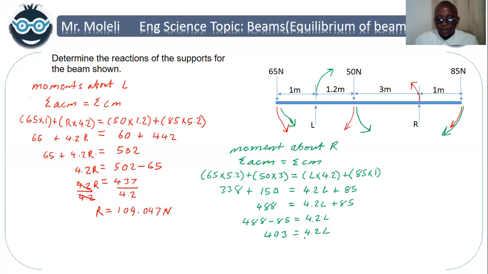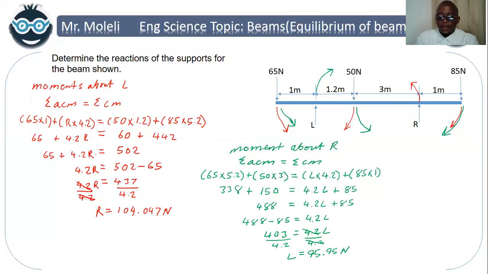Of which you're going to divide by 4.2 both sides. And your L should be 95.95 newtons.